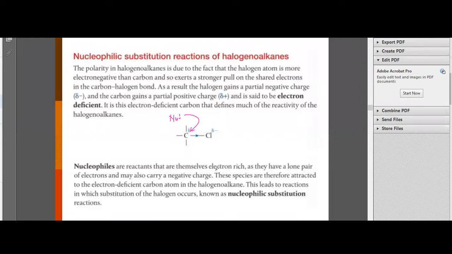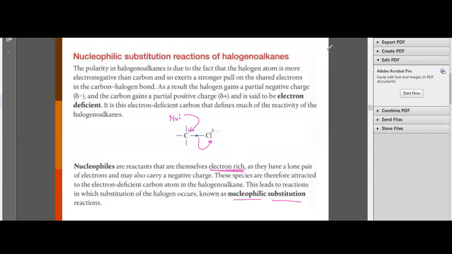Why? Because a nucleophile is an electron-rich species with a lone pair that tries to attack a positive region. Because the nucleophile attacks this, the Cl will later be released by this compound. This is called nucleophilic substitution.